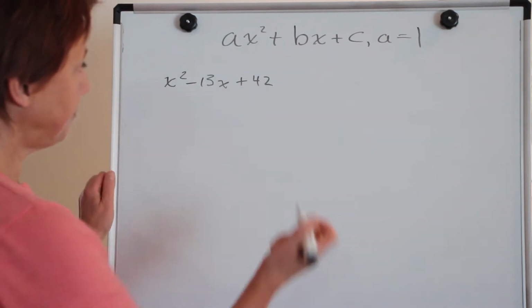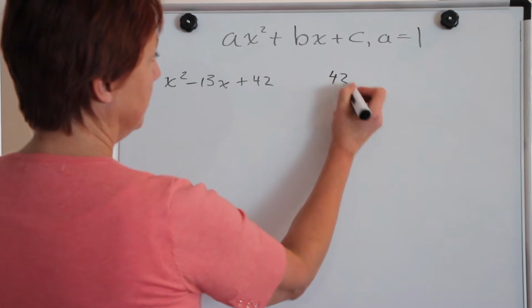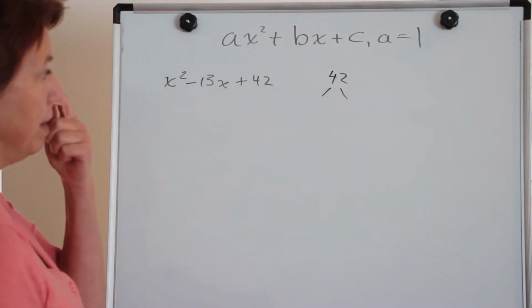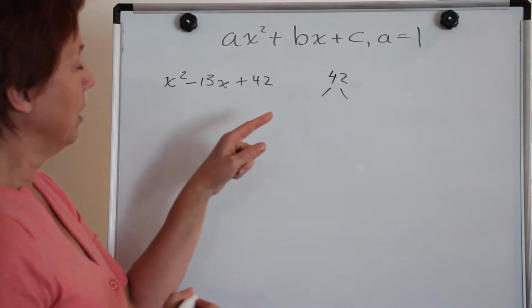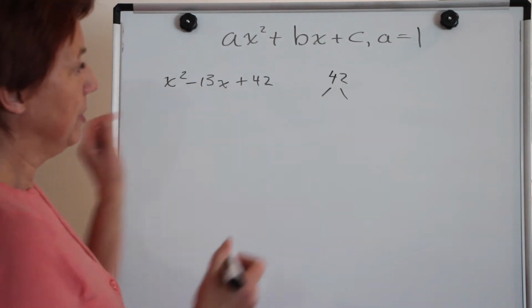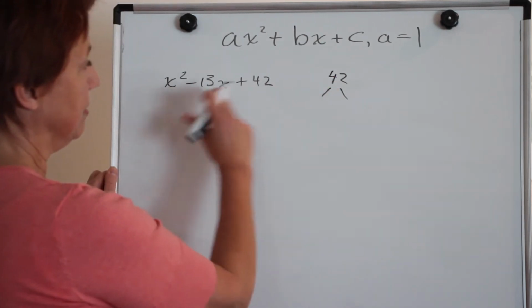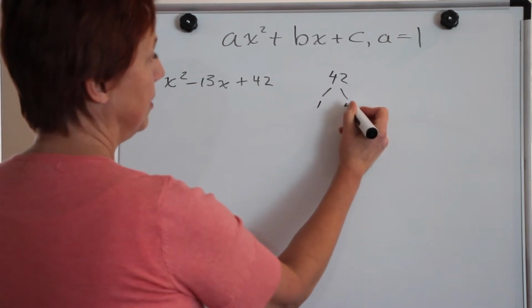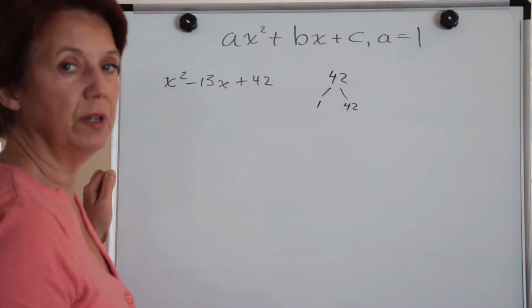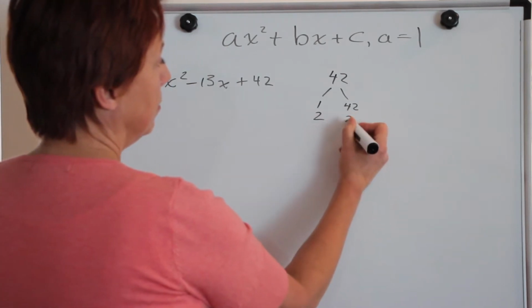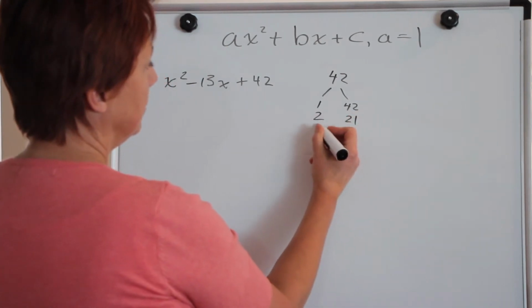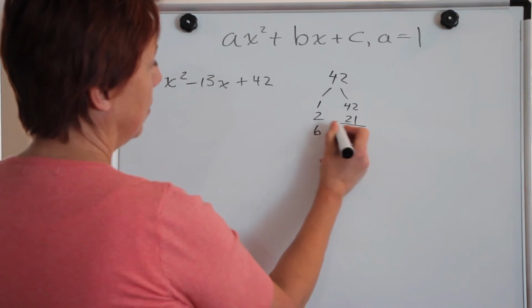So here, we take the 42 and we say, well, what numbers will add or subtract to make 13? We need two numbers that multiply to make 42 and add to make 13. So as I've explained previously, we can go through the numbers in order if we don't think of them right away, or we can jump to the numbers that we know will work.